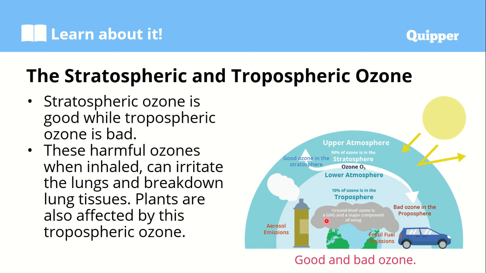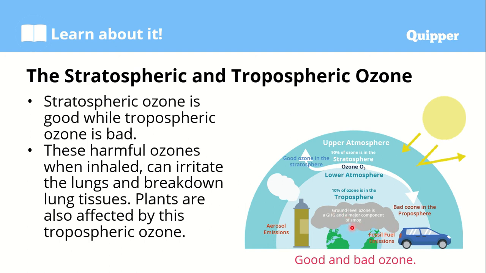Ground level ozone is a GHG and a major component of smog, or a combination of smoke and fog, which is actually a bad ozone. So when the ozone combines with the aerosol emissions and with the fossil fuel emissions, then it will form a smog.